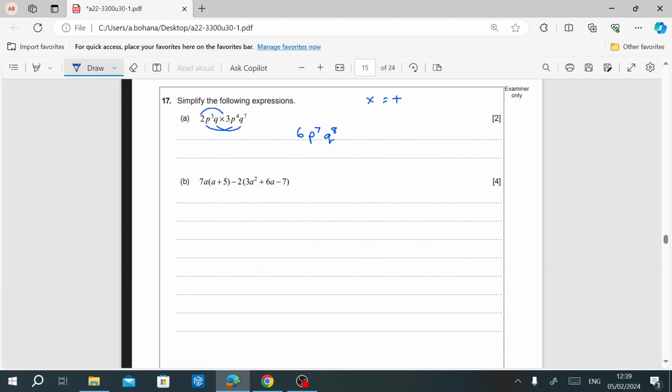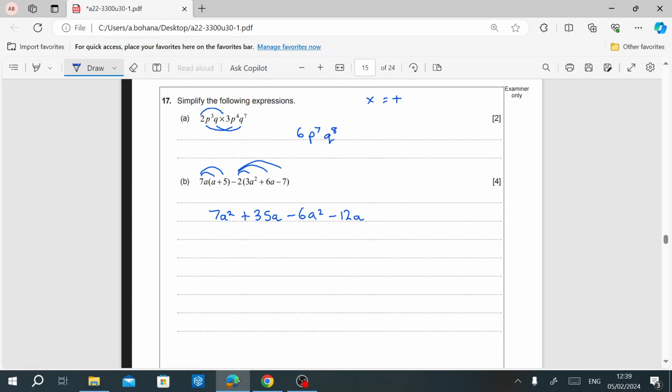Right, next one. Expand the brackets first. 7a times a is 7a squared. 7a times 5 is 35a. Minus 2 times 3 is minus 6a squared. Minus 2 times 6a is minus 12a.